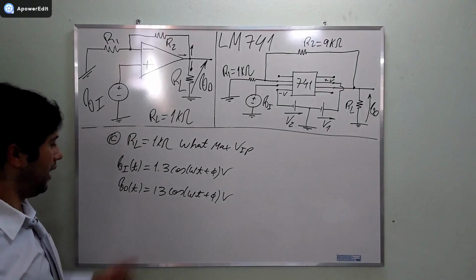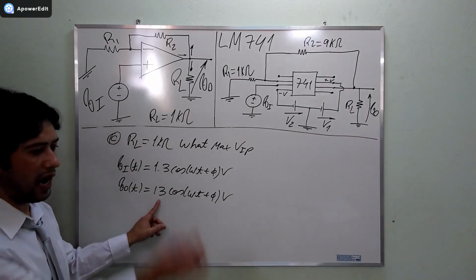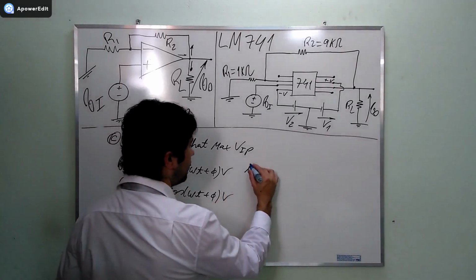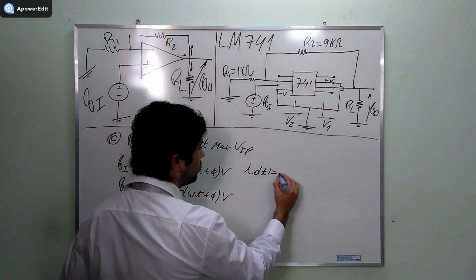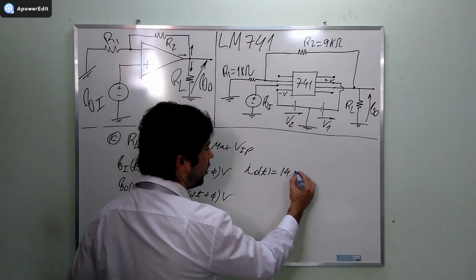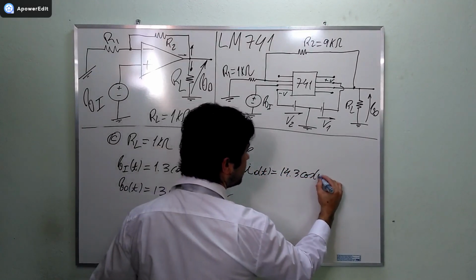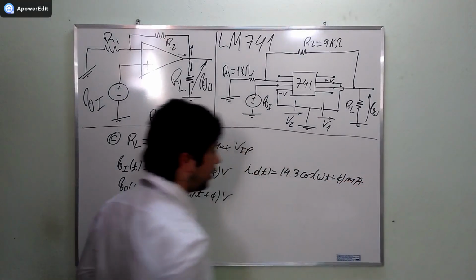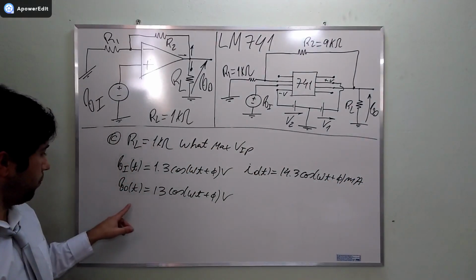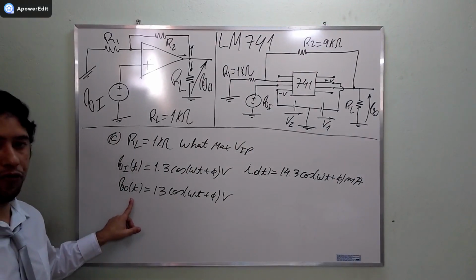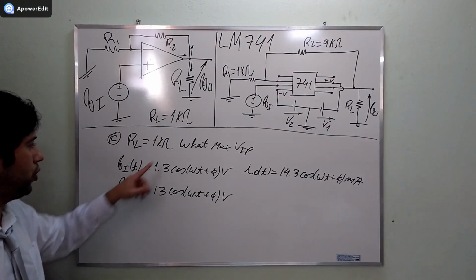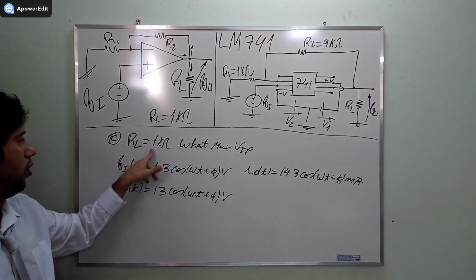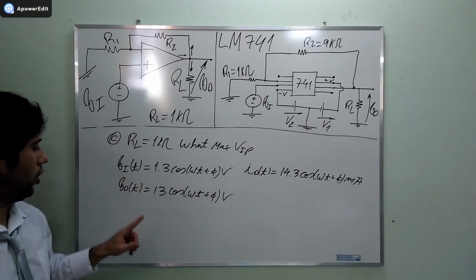Okay, and as we know, we calculated for letter B the value of the output current is going to be 14.3 times the cosine Wt plus phi milliamperes. Alright, so this is the specification of the output. We want the maximum value of IP for the load of 1 kilo ohms.